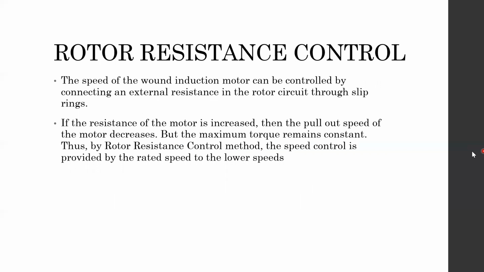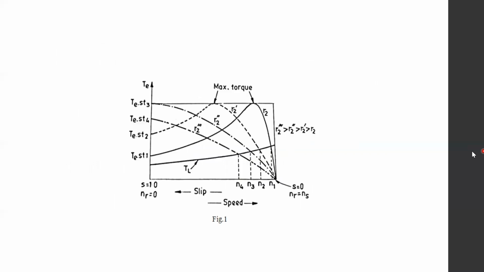Speed of a wound induction motor can be controlled by connecting an external resistance in the rotor circuit through slip rings. This graph shows the relation between torque and the slip and the speed. As we know, the maximum torque is independent of the rotor resistance, yet the exact location of maximum torque depends upon it.